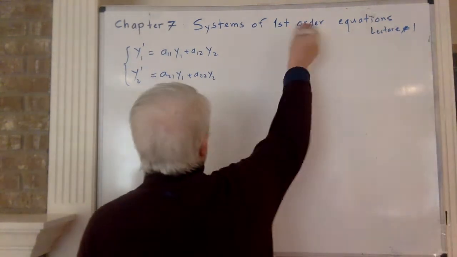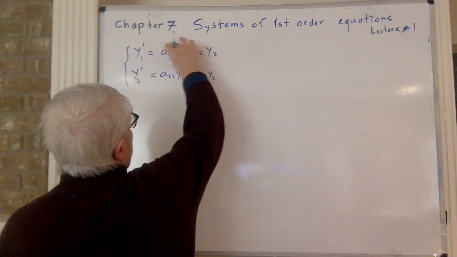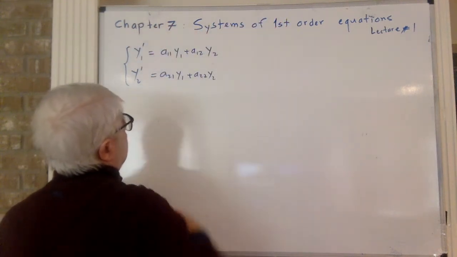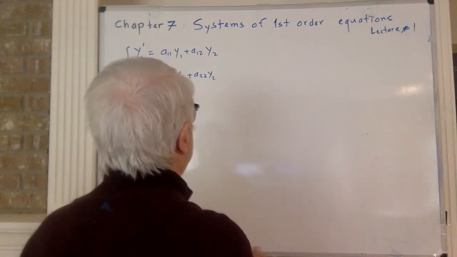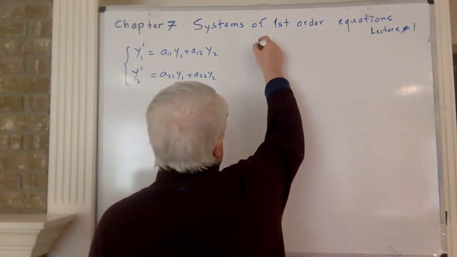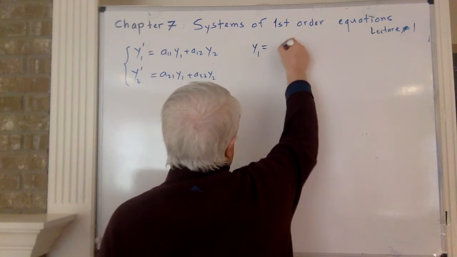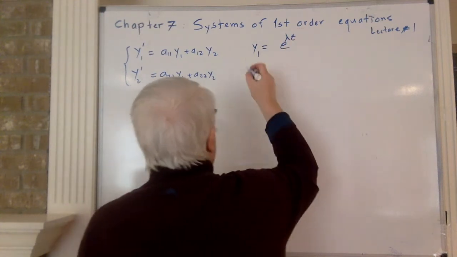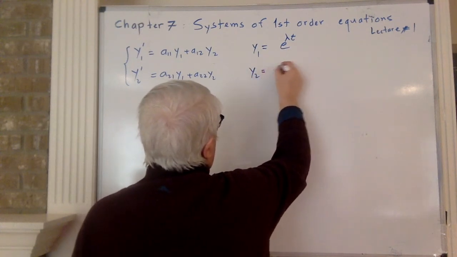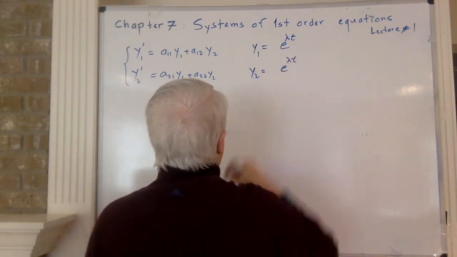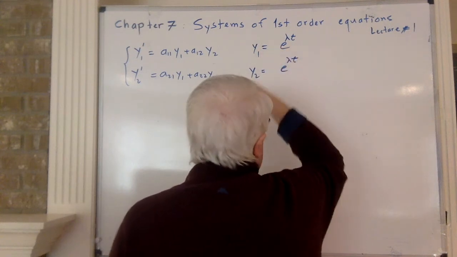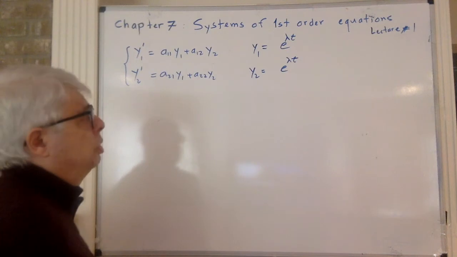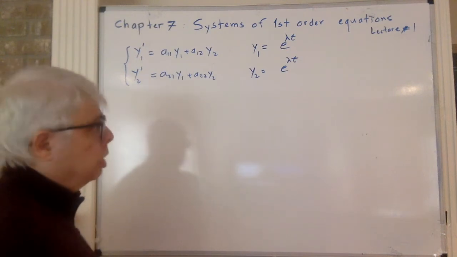Since they are added and I cannot have two different exponential functions here, let's just assume they are the same. So y1 will be some e to the power lambda t, and y2 should again be some kind of exponential with the same exponent.